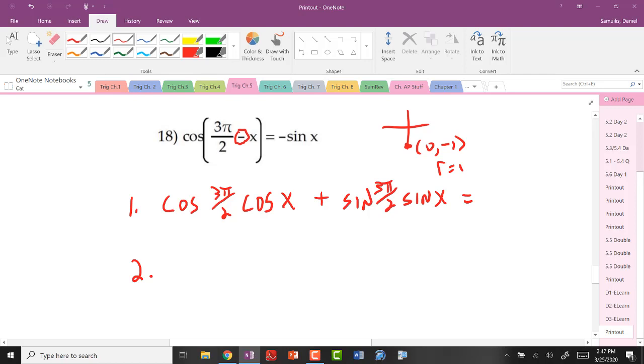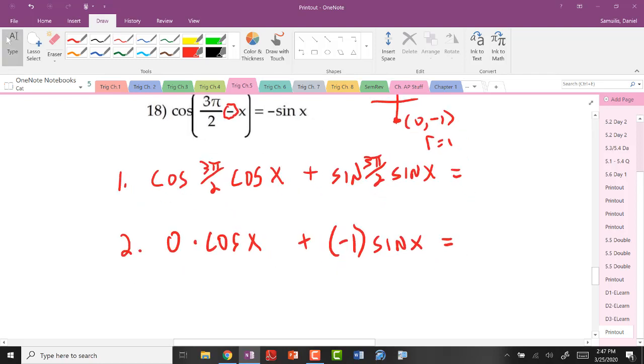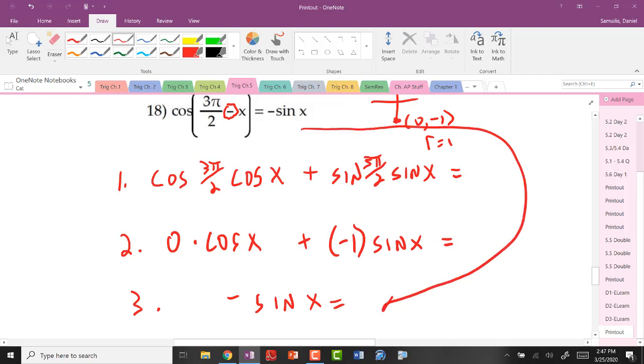So cosine is x over r, which is 0. Sine is -1. It's not coronavirus. I'm fine. Been coughing since August. Okay, which probably isn't fine, but that's okay. All right, there you go. Nothing minus sine x, or plus a -1 times sine x. That means that is negative sine x. And I have found the identity, or verified it.